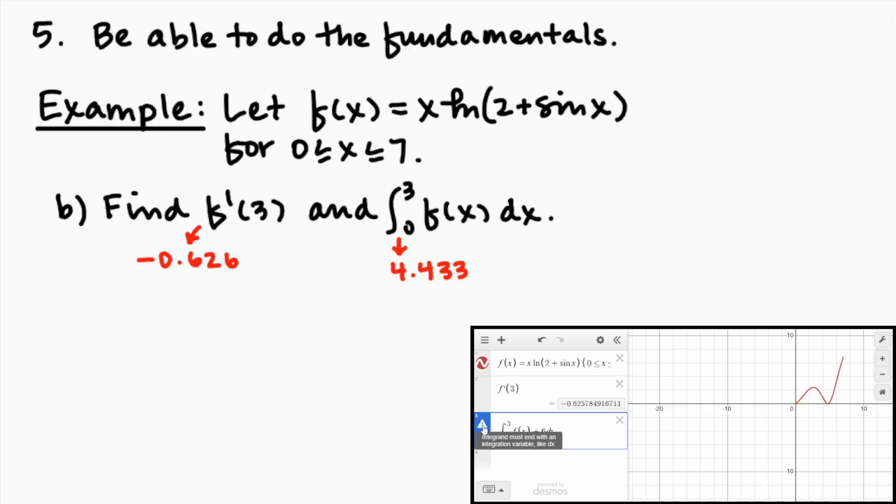Now this is saying it must end with an integration variable like dx, and you might be saying, well, you've got a dx. I'm just doing this to remind you that when we have addition or subtraction in our integrand, we need to be using parentheses. We can get into more discussion about the deeper meaning of integration and the widths and the heights of the rectangles and stuff. But for the sake of this video, I'm just going to say remember to put parentheses around your integrand if it's got addition or subtraction, especially if you're getting that type of error.